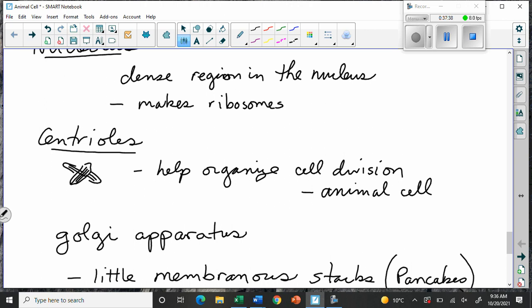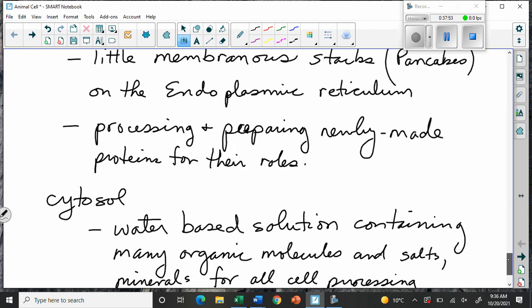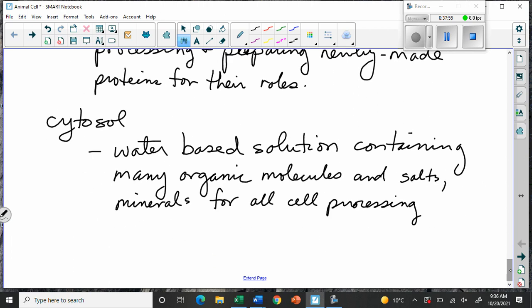And one of them is that the centrioles, we don't really see those in plant cells. And nobody's really sure why. It's just kind of one of the weird differences that happened way back in the evolution of things. All right, and there we go. So that finishes the animal cell and all of its components and all of the things that are in it and the things that it does.